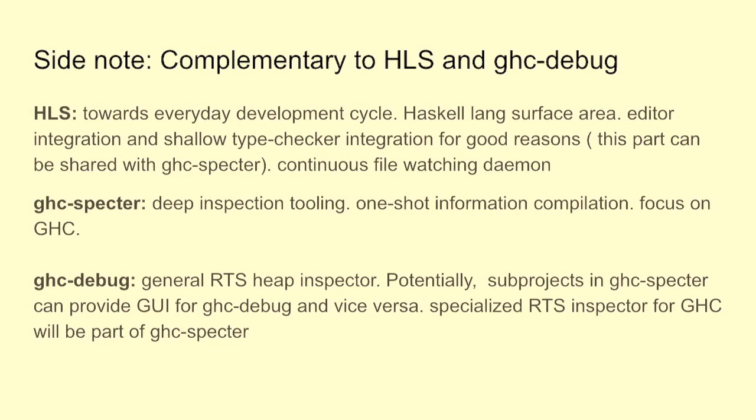And ghc-debug shares some territory, but it is more general RTS tooling. So GHC-specific RTS work can be further developed in ghc-specter, but the general RTS tooling can be shared, and we can use it as a kind of common ground.